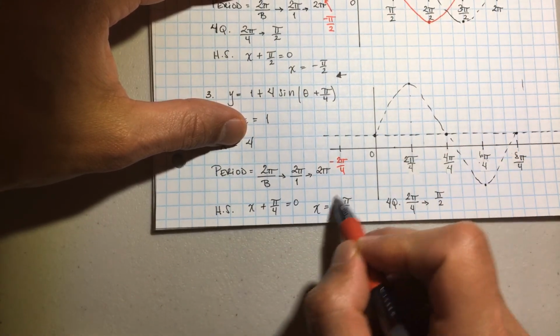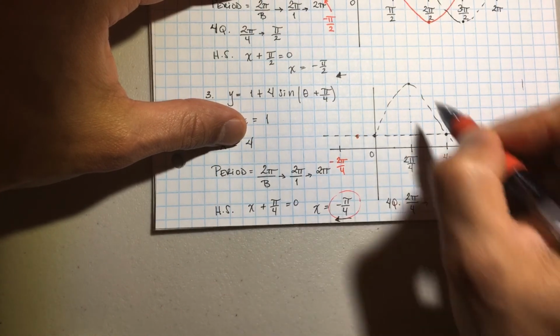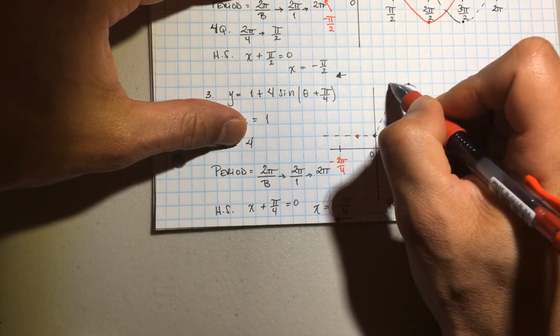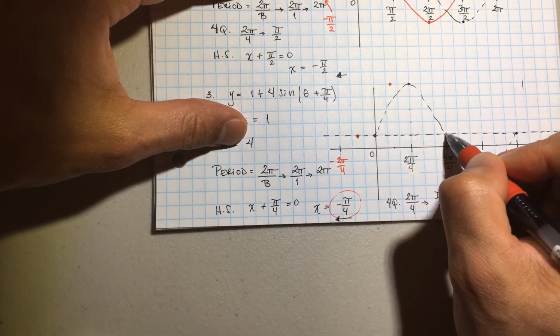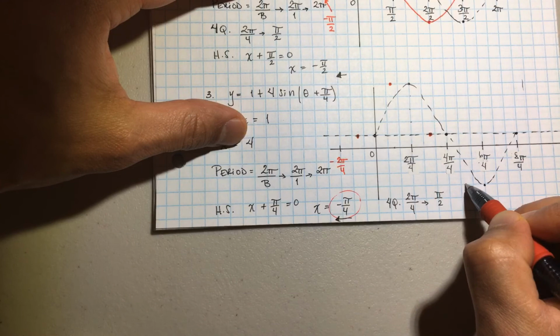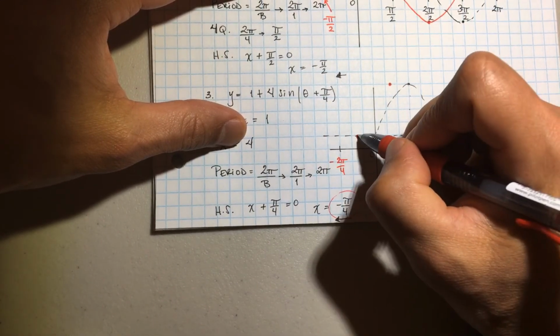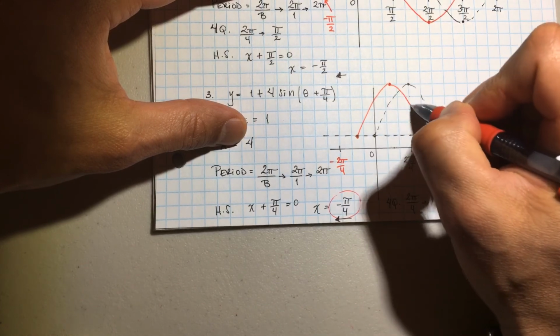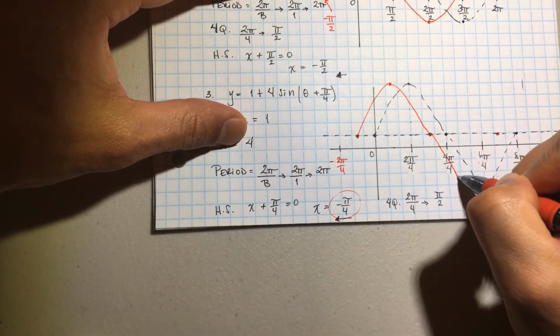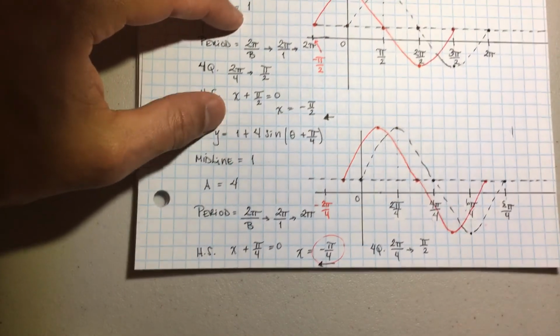I only need to move it one of those, so I'm going to go halfway, right about there. Same thing with this one, halfway, right about there. This guy, halfway. This guy, halfway. This guy, halfway. Cool. So now I just draw it. Boom. Come down. Keeps going. And there it is. So hopefully that helps.